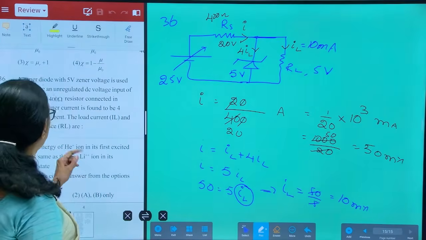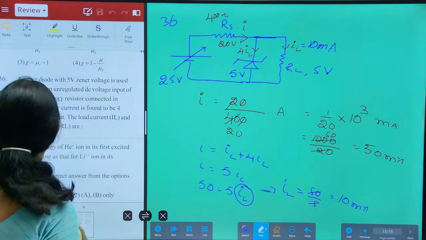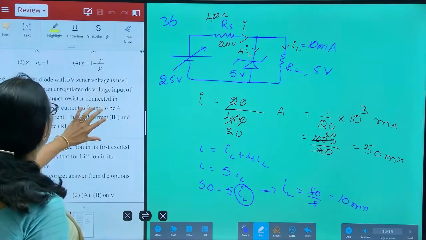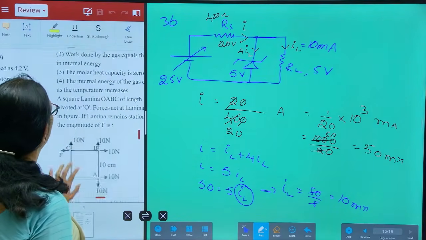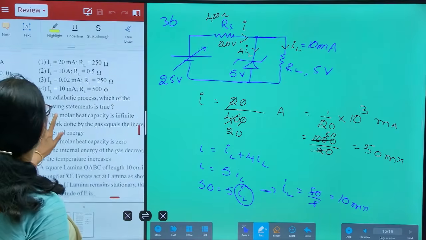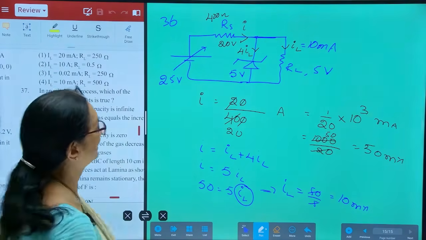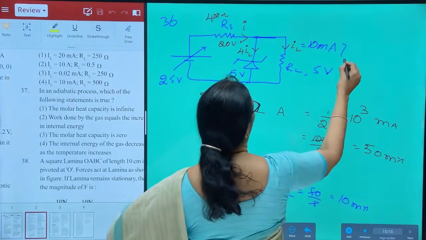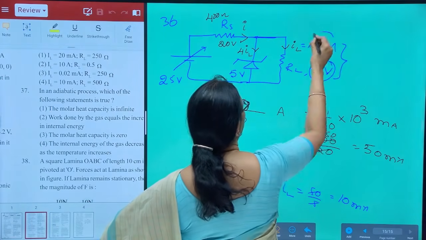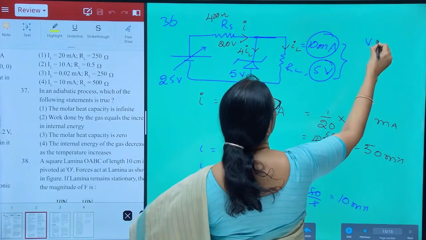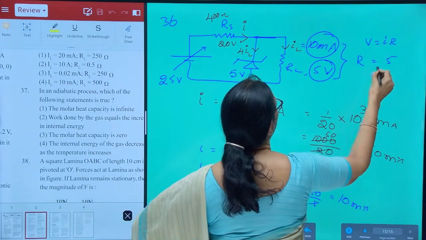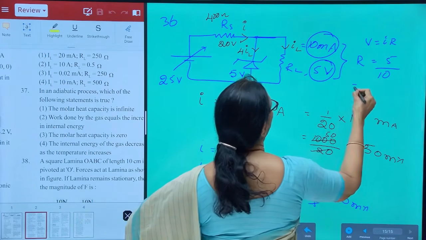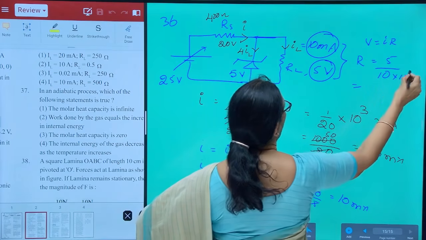The next part of the question asks for the load current and load resistance. Options are given here. See, voltage is given, current is given. From Ohm's law, V is equal to IR, R is equal to V by I, 5 by 10 milliamperes.